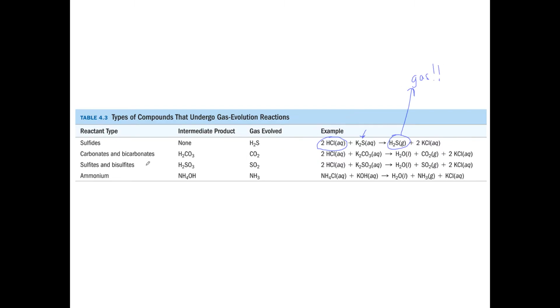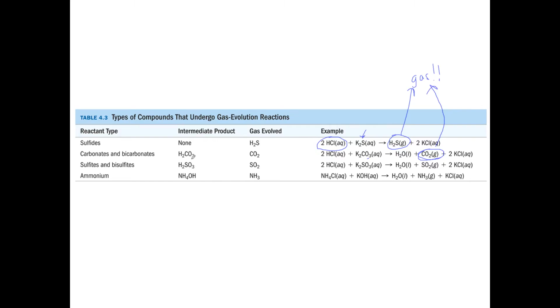Okay? If you have carbonic acid, well, we're making carbonic acid here by HCl and sodium carbonate, you make a gas, right? Gas. Okay?